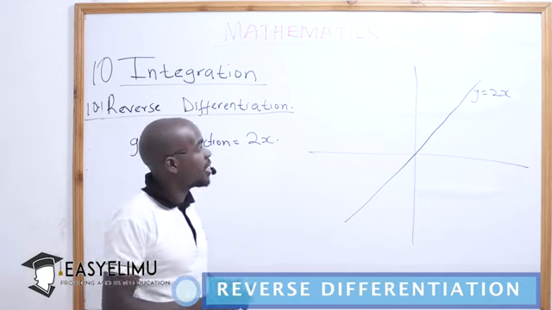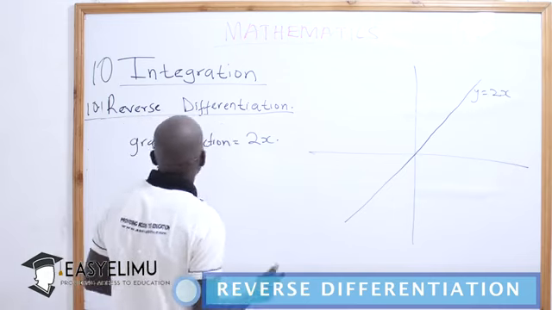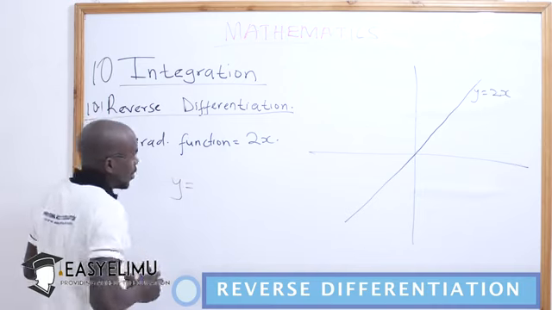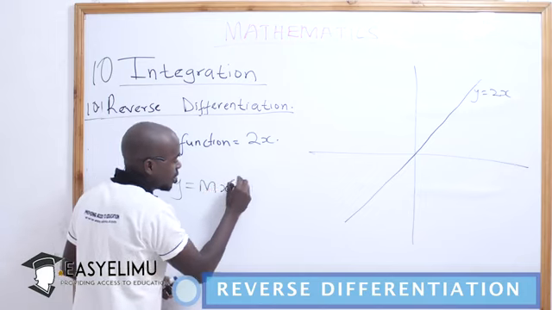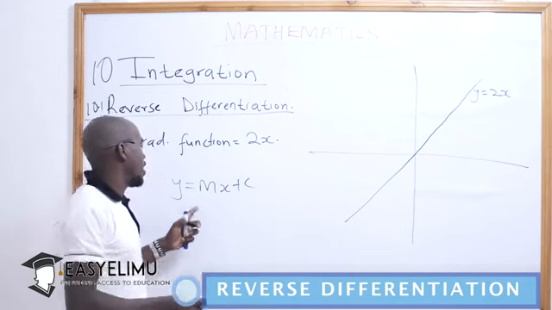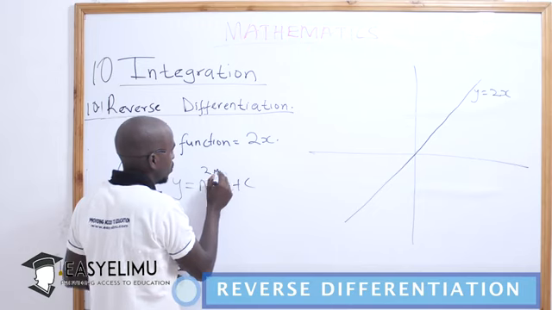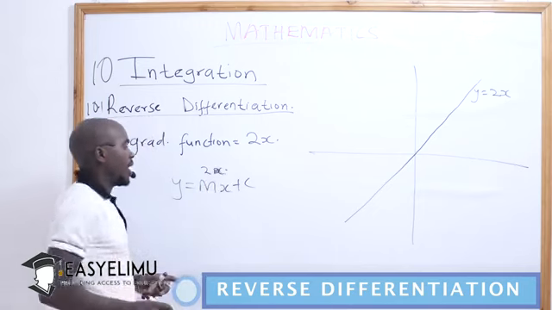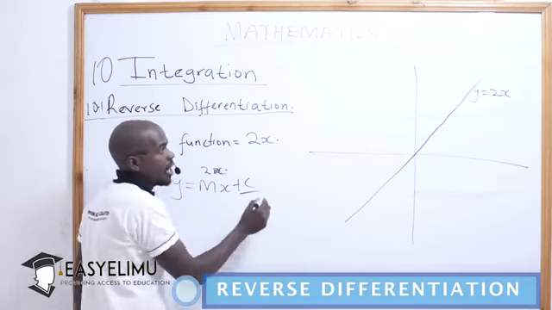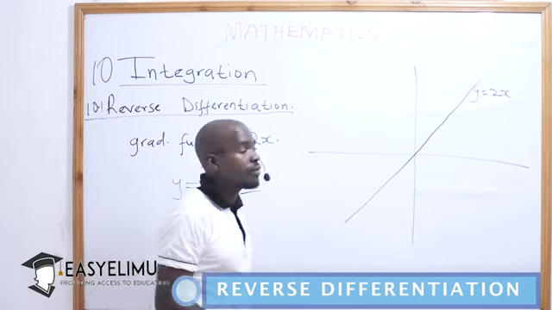From the equation of a straight line, y equals mx plus c, and here we have 2x, so our m is 2. Our c, we can find it from here.